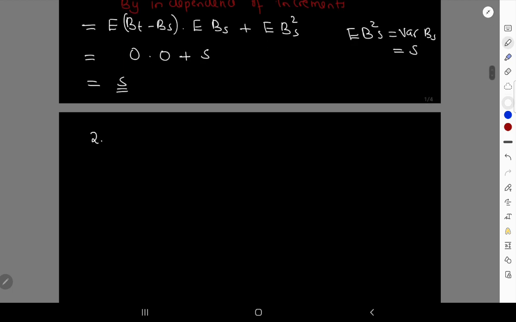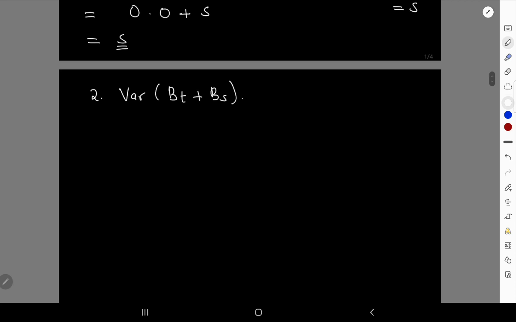Example 2: we have the variance of B_T plus B_S. We know from probability theory that the variance of two random variables is given by variance of X plus variance of Y plus 2 covariance of X, Y. Note this.